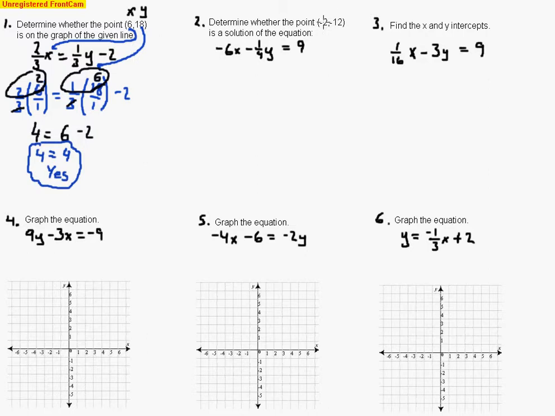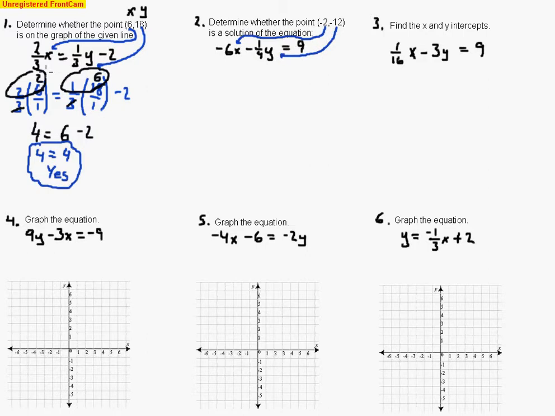Well, the next one, it's asking the same thing, but just in different terms, different words here. Determine whether the point (-2, -12) is a solution of the equation. It means the same thing. So all you're going to do, same thing, you're going to take your x value, -2, and put it in for x. Take the y value, -12, put that in for y.